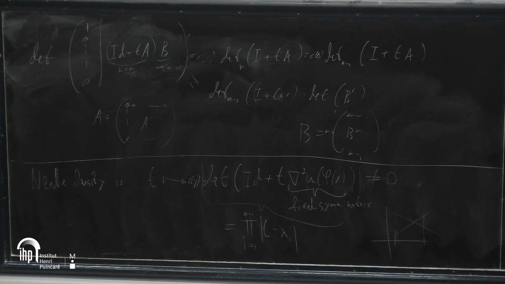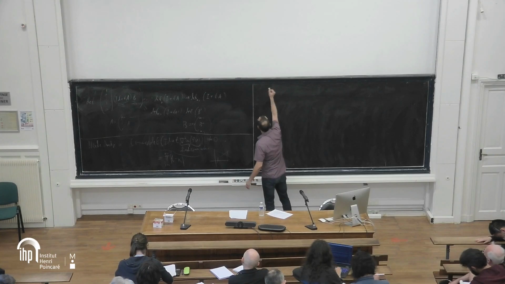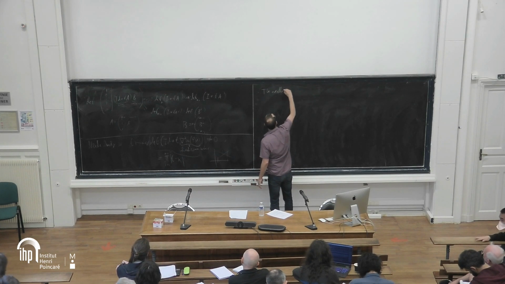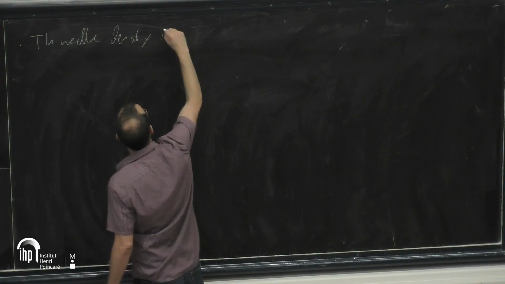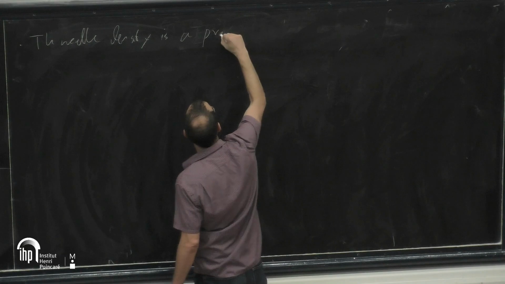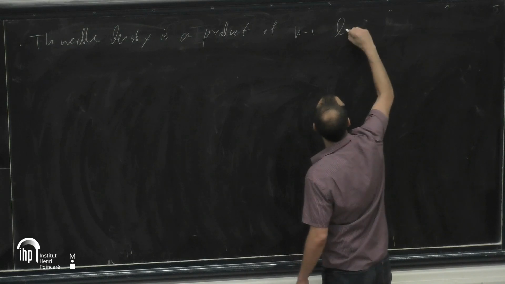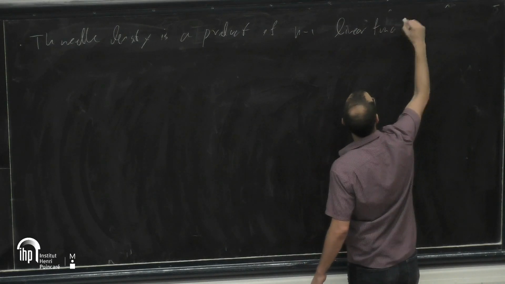So the needle density is a product of n minus 1 linear functions that don't vanish.